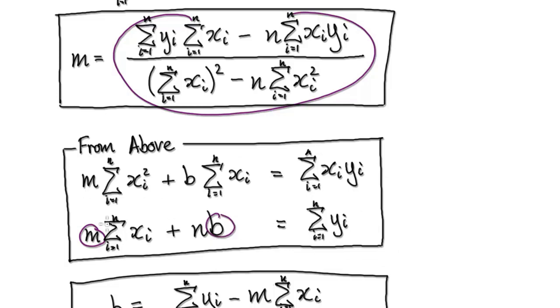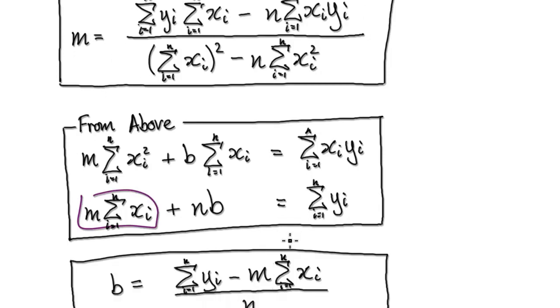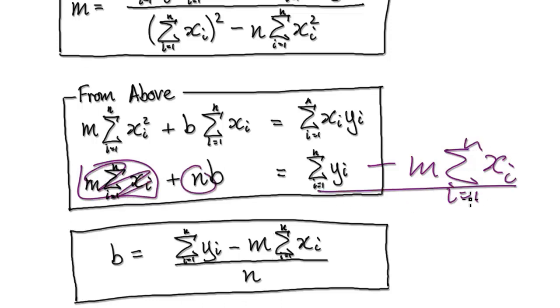So take away, looking at this here, take away this thing here. So hang on. So take away this thing here. So that would then be m times the sum of xi, and then divided by n. So b equals this thing here.